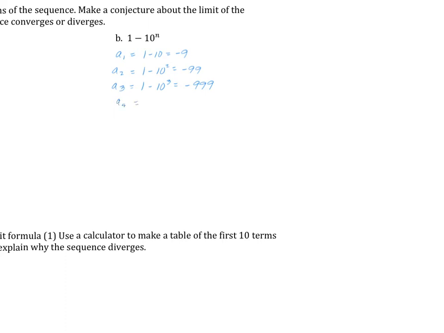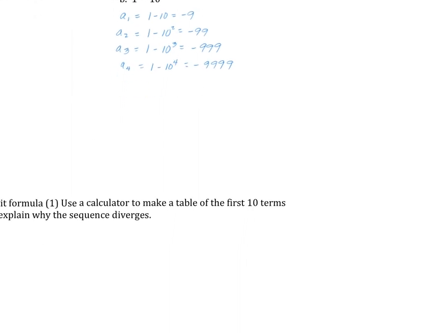A sub 4, 1 minus 10 to the 4, negative 9999. So I notice that as the n's get larger and larger, the terms of my sequence are approaching negative infinity. So the limit appears to be negative infinity.